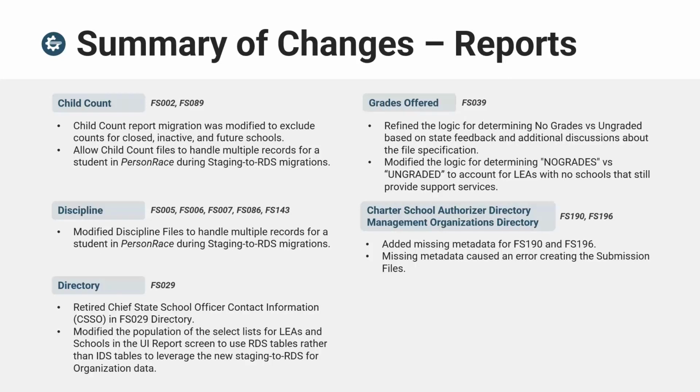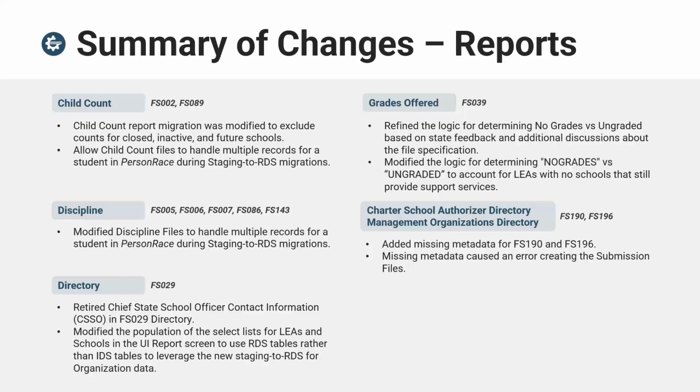It was actually trying to pull from an IDS table, so it was expecting the migration to have gone through the IDS to the RDS. So the first time you went to directory, if you had not run anything else through the IDS, that list would come up empty. So we modified the logic. It now pulls from the dimension table, so it matches up with the new staging to RDS code.